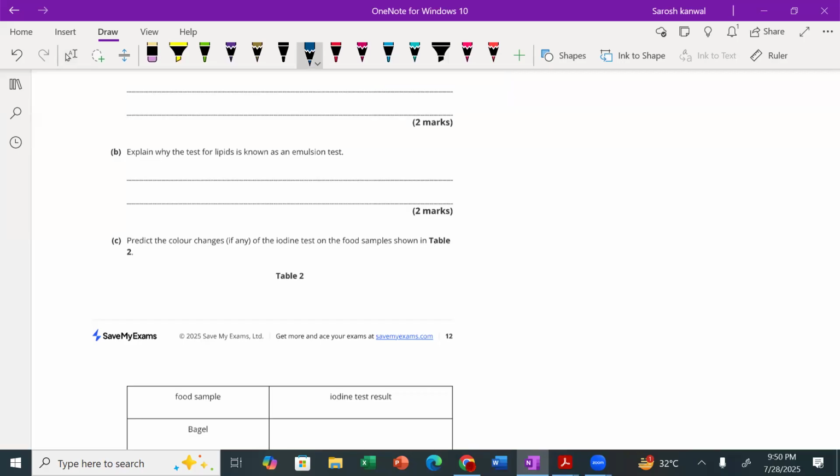So, as this question is for 2 marks, we can state that a suspension of small droplets is formed.